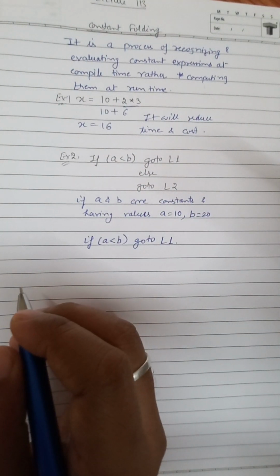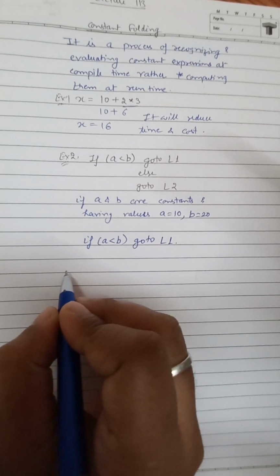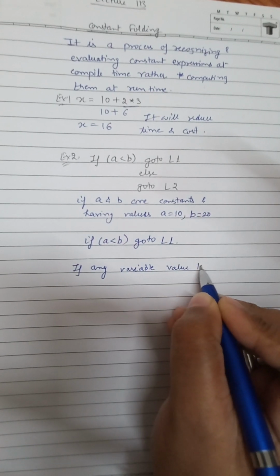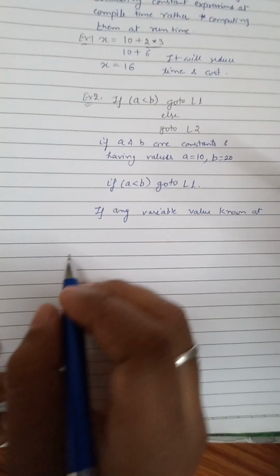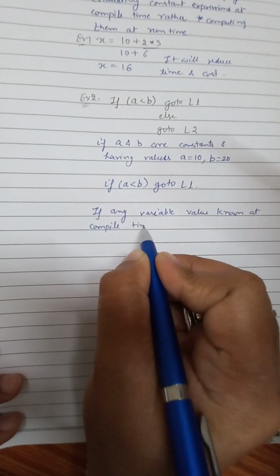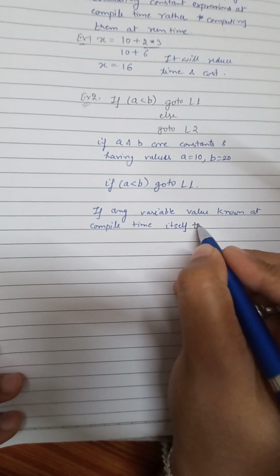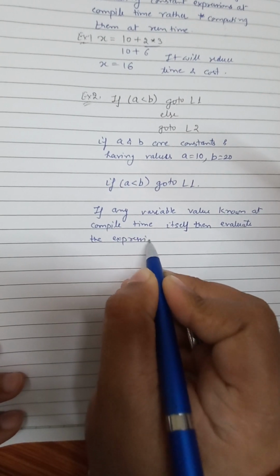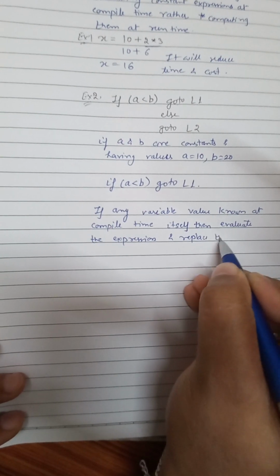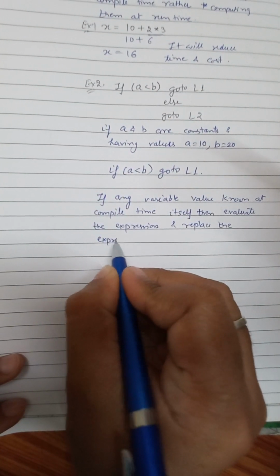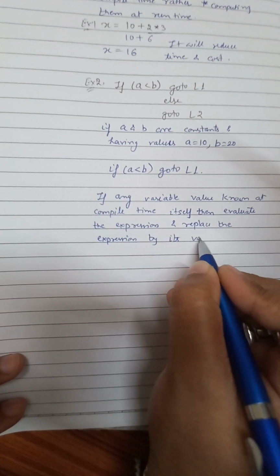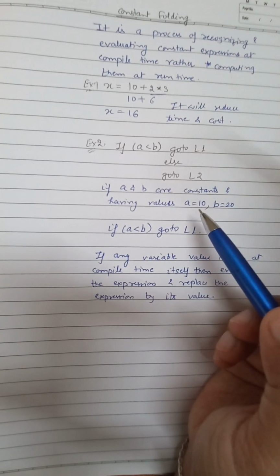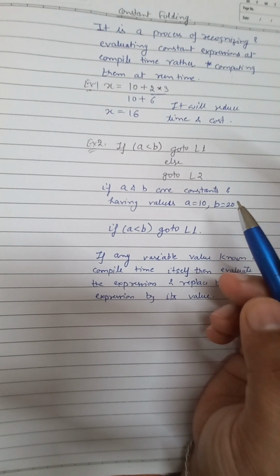So what is the conclusion? We can say, if any variable value is known at compile time itself, then evaluate the expression and replace the expression by its value, so that it will reduce the compile time also in solving all these things in different phases, because we know there are multiple phases by which we can solve an expression.